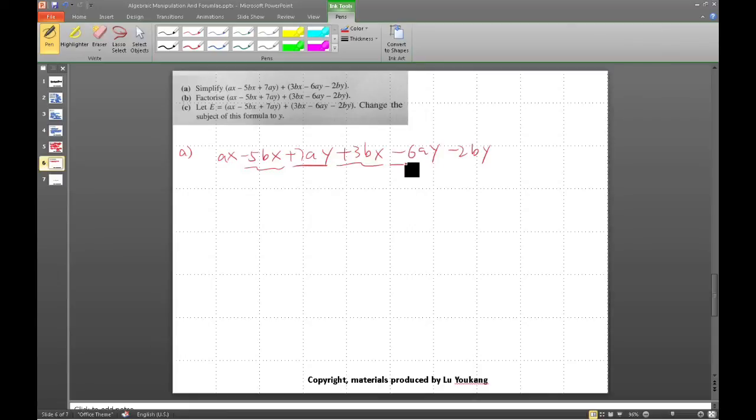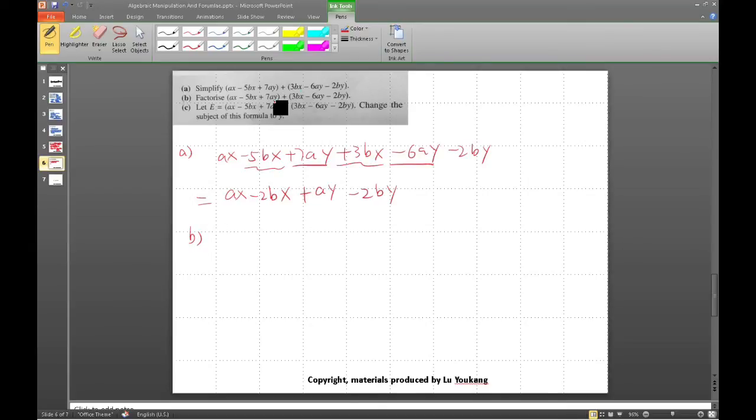I use a wavy line to underline anything with bx, and a straight line to underline anything with ay. Therefore, ax minus 2bx plus ay minus 2by. Can you simplify further? No. That's the answer for part A.